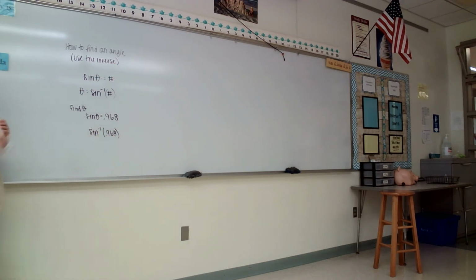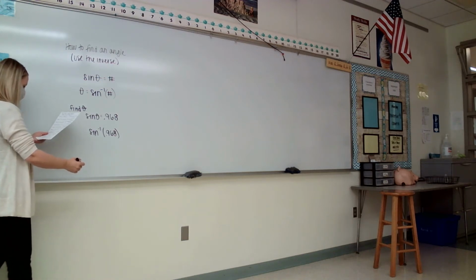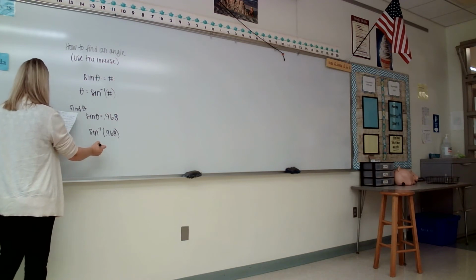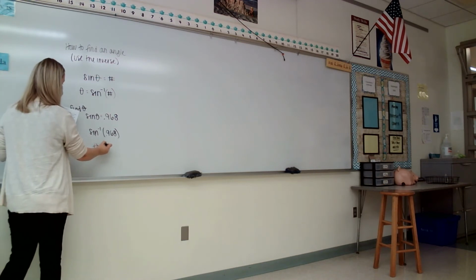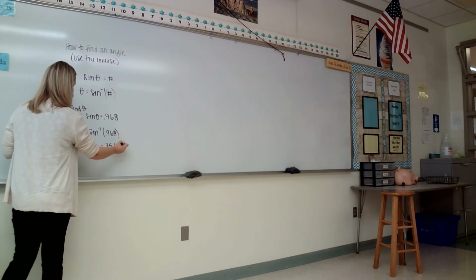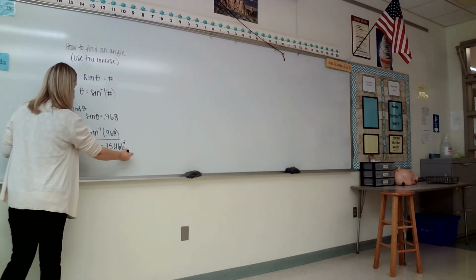So you can't just use the regular sine, but you have to use that one with a little -1. A lot of times you'll hit second or shift, depending. I got syntax error. Oh, okay, so you did it wrong. I got 75.466. Yep, 75.466, you got it. And we just found an angle, so you would label that with a degree symbol.